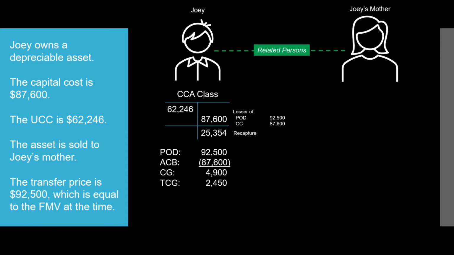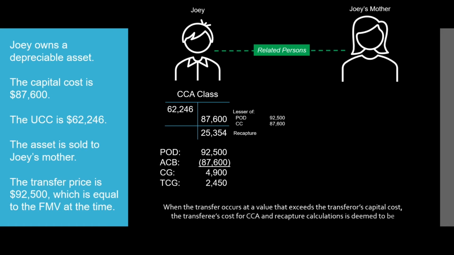Now we apply a rule from 13(7)(e) to figure out Joey's mother's tax values. Essentially, when the transfer occurs at a value that exceeds the transferor's capital cost, like this situation, the transferee's cost for CCA and recapture calculations is deemed to be the following.